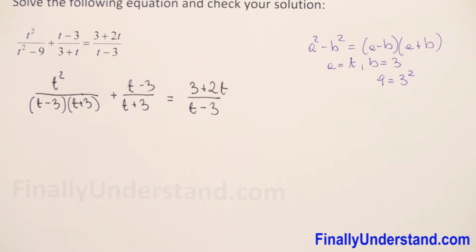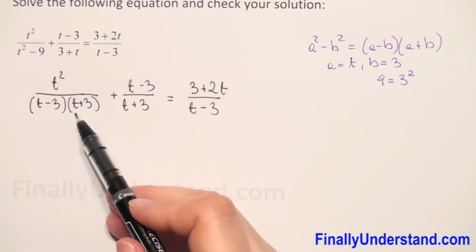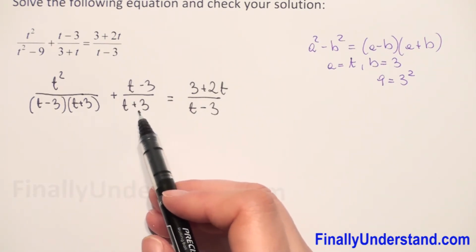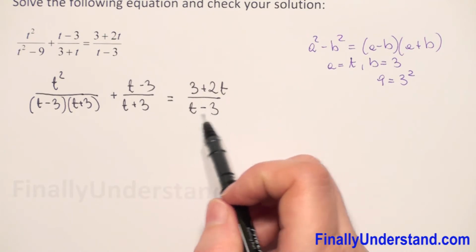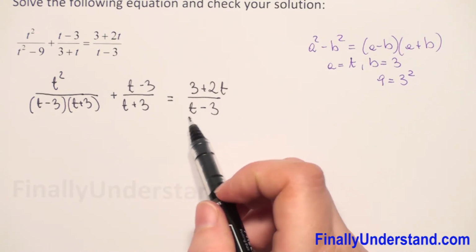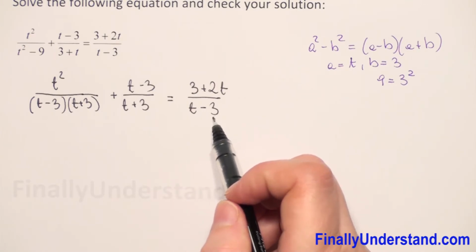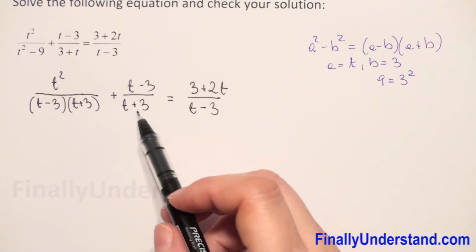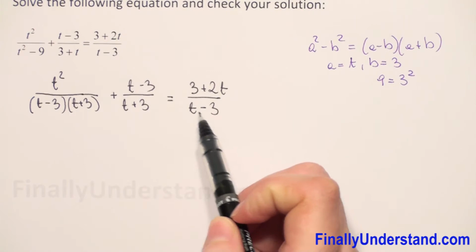So now we see that on the left side we have addition of algebraic fractions. How do we add algebraic fractions? We have to have the same denominator. We will change the right side to the same denominator as well. What will be the lowest common denominator for these expressions?